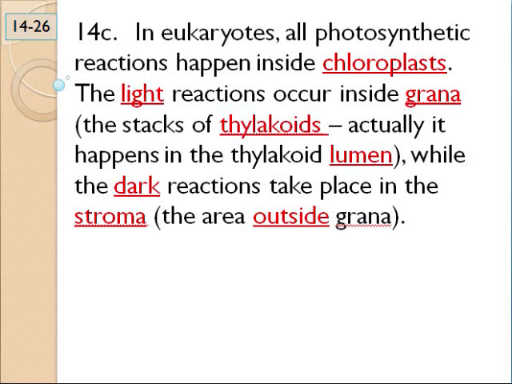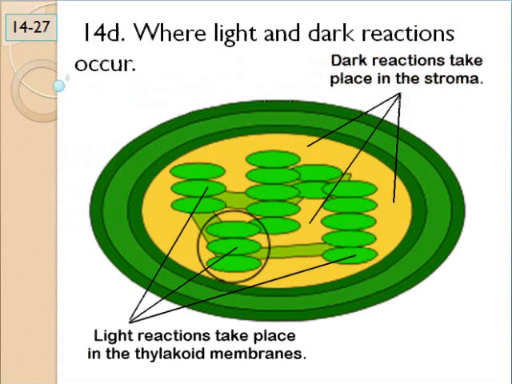All right? So this is a picture that I like. Of course, some artist drew it, but it really does a good job. Light reactions occur in different places. The light reactions, these are green, right? What pigment makes them green? The chlorophyll works on light. This is not green, is it? That's why it doesn't need light.